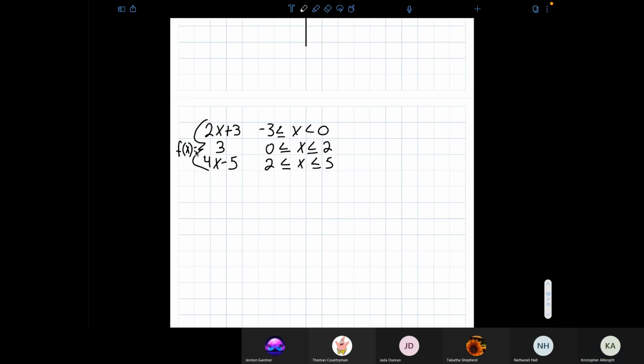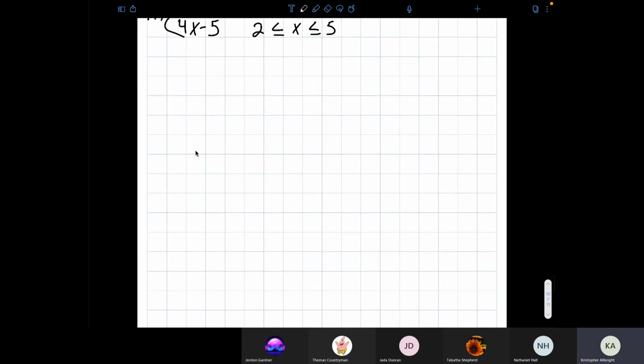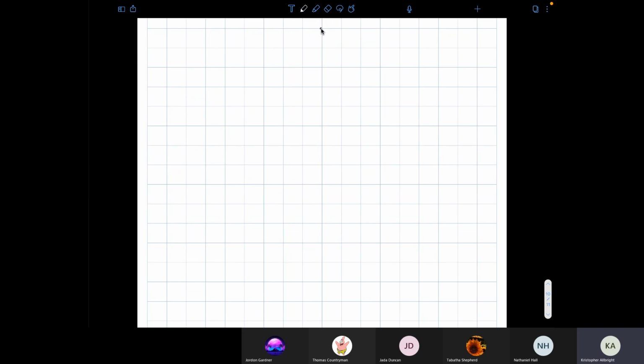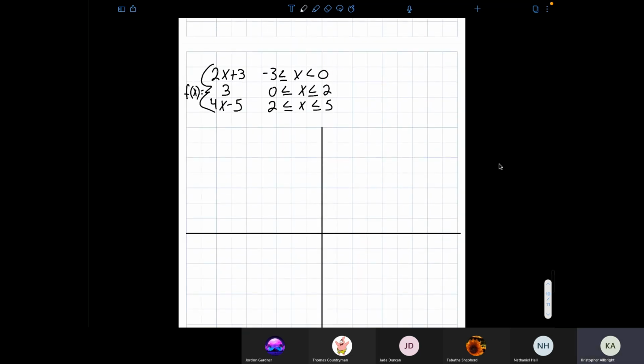And so now we go to graph this on a graph. And it's not any different because there are 3 points. It's still the same process. We just have 3 sections of the graph now. So we look at it and we say, okay, from -3 to 0. So we find -3, put a dot there. I'm going to put it in red. I'm going to color these by section. So -3 to 0.